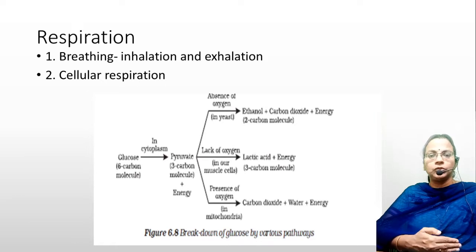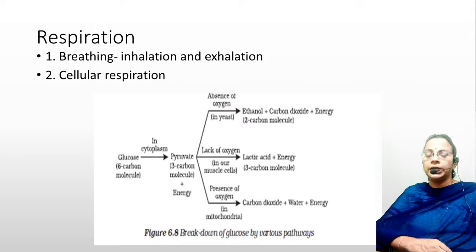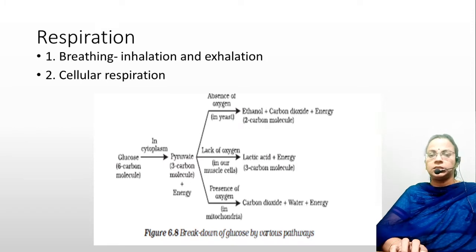Here the energy produced will be approximately 36 or 38 ATP molecules, and it is taking place within the cell organelle called mitochondria. So mitochondria take the initiative for the production of a large amount of energy, hence the mitochondria is also called the powerhouse of the cell.